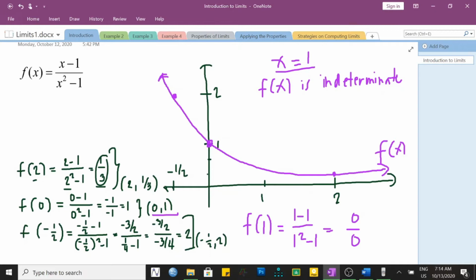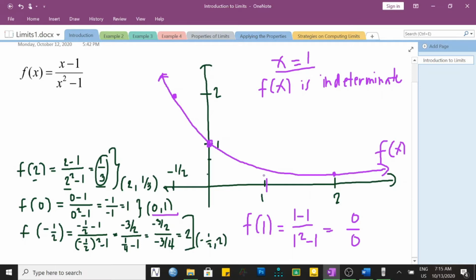Our graph is actually a bit wrong because we did not consider the fact that the function f of x does not have a value at x equal to 1. To correct our graph, we have to put a hole in the part of the graph that is aligned at x equal to 1.